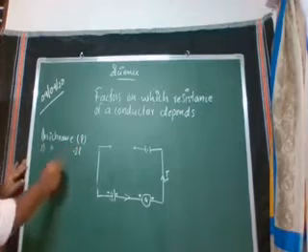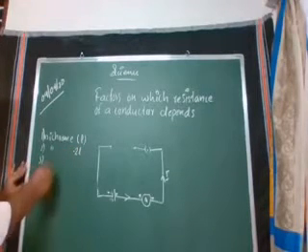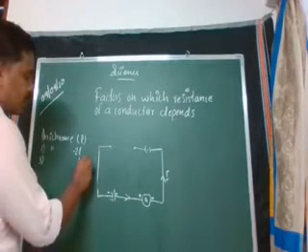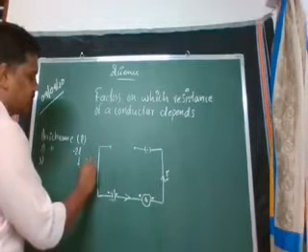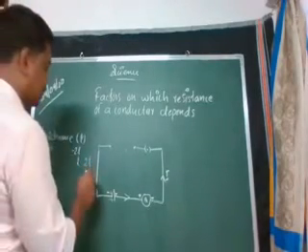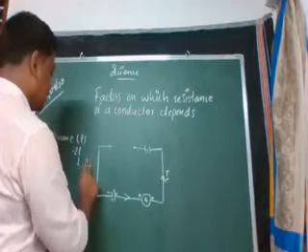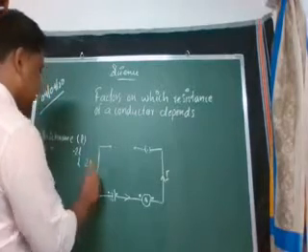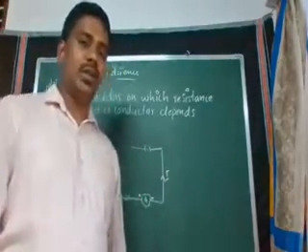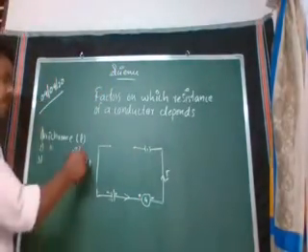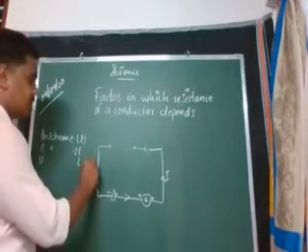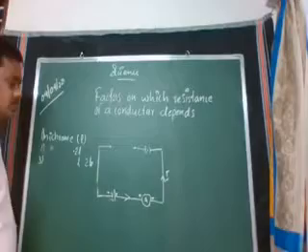Then third, a nichrome wire of length L and thickness 2T. Thickness is doubled compared to this. Or we will write it as breadth.